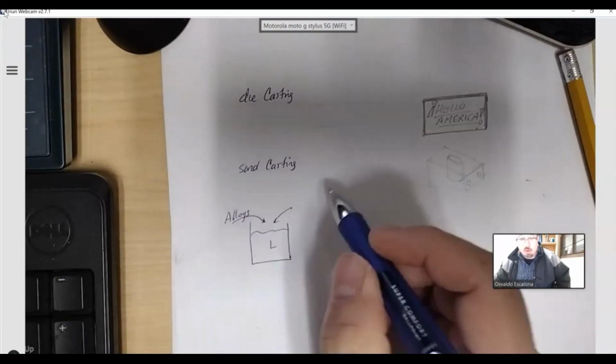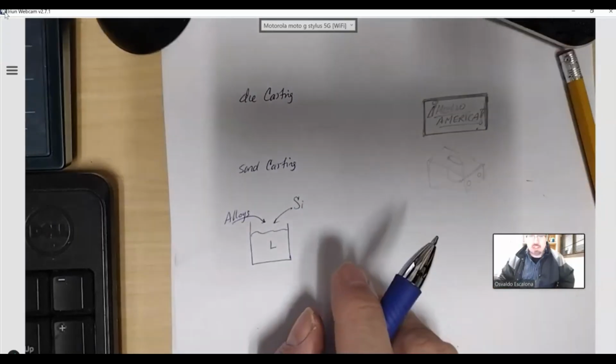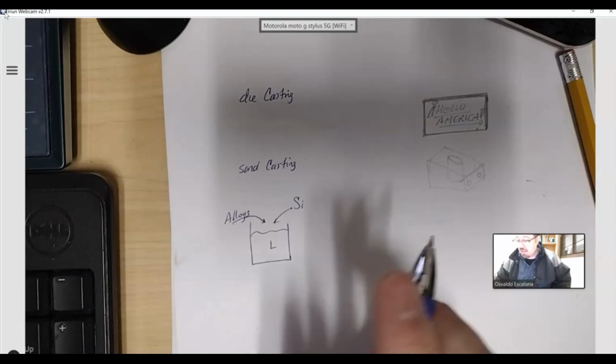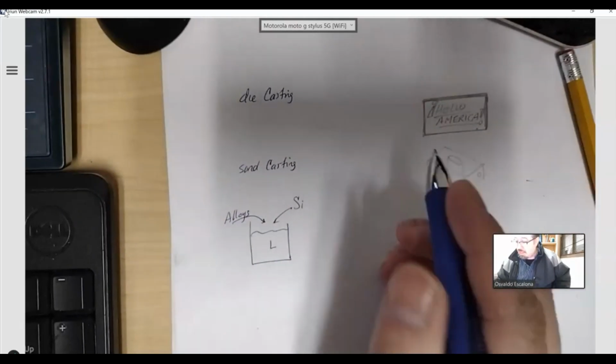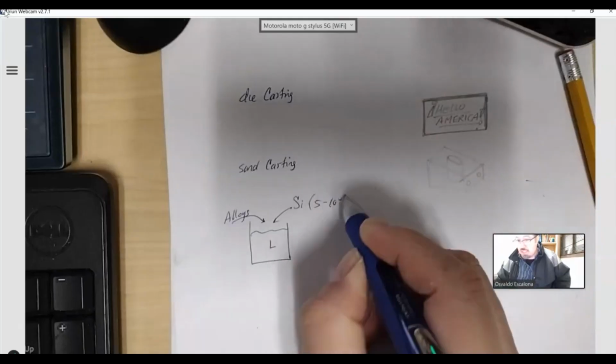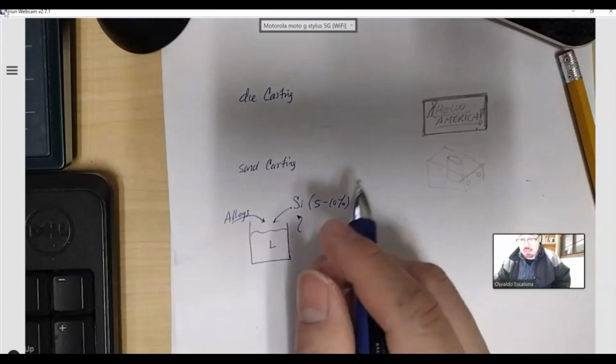One of those alloys is going to be silicon, especially when you're casting things. The reason why you add silicon, usually a high content, I would say maybe 5 to 10% silicon, is that it increases the latent heat of crystallization.